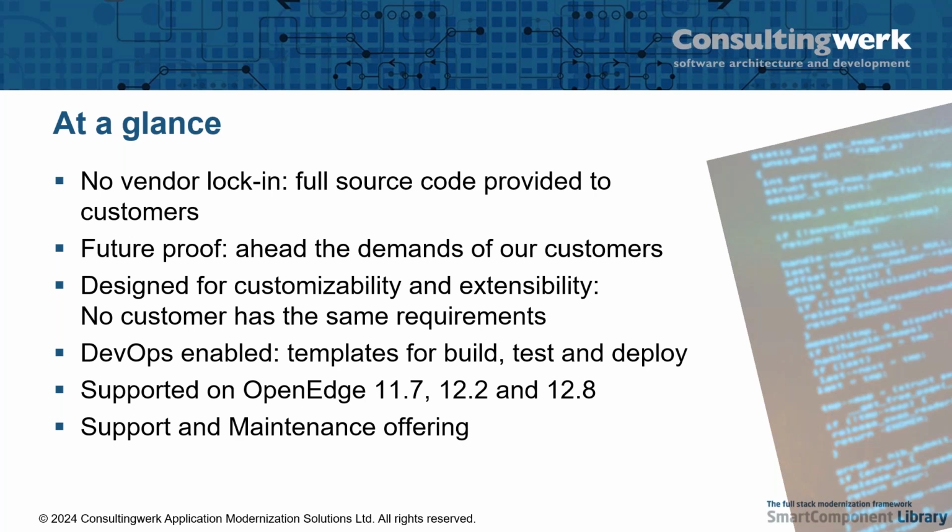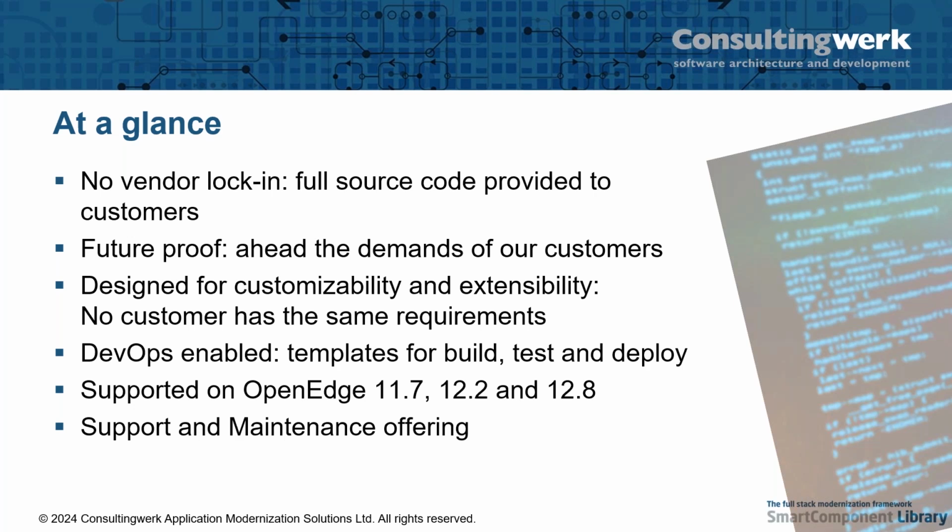the source code. We provide new versions of the framework, sometimes weekly, sometimes bi-weekly, sometimes monthly. Whenever we have something relevant enough to ship, we can just hit the button and ship it. In the release process of the SmartComponent Library, the most complex bit in the whole process is actually writing the release notes.